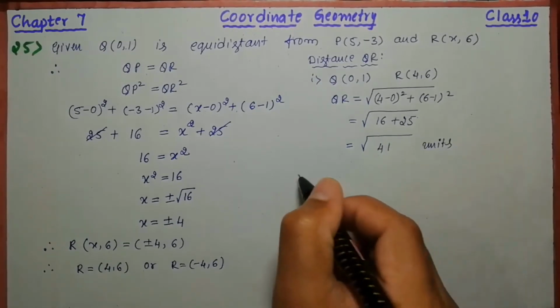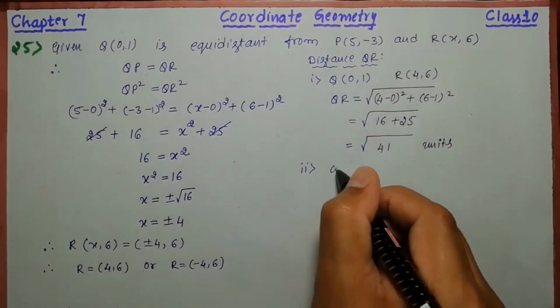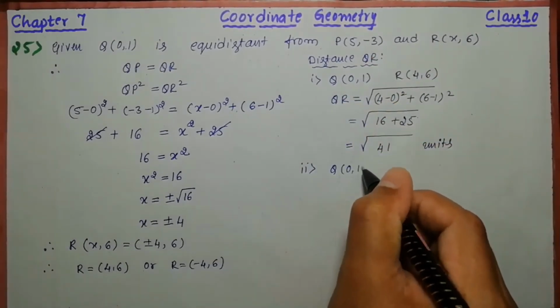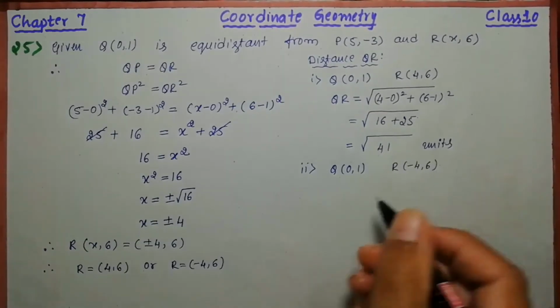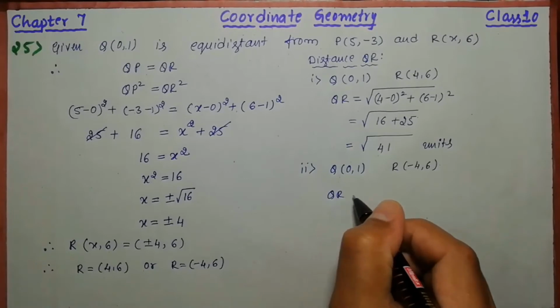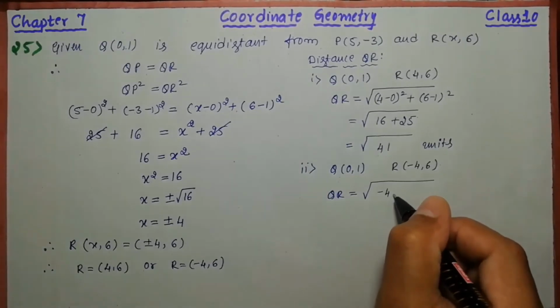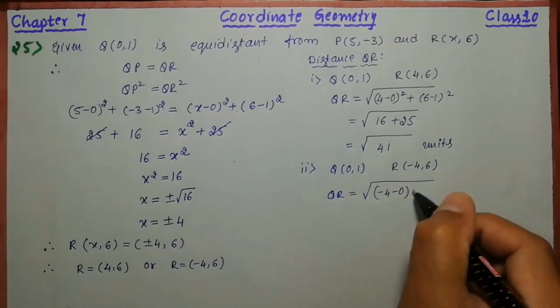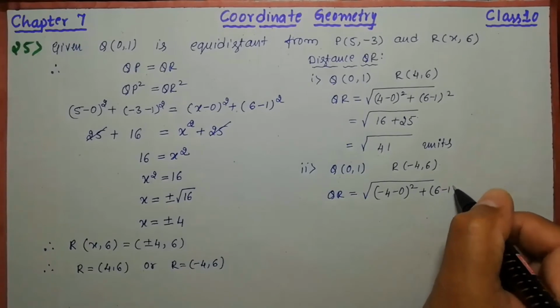And the second possibility is, for the same distance QR, Q is equal to 0 comma 1 and R is minus 4 comma 6. Now let us see what will happen. QR is equal to square root of minus 4 minus 0 whole square, plus 6 minus 1 whole square.